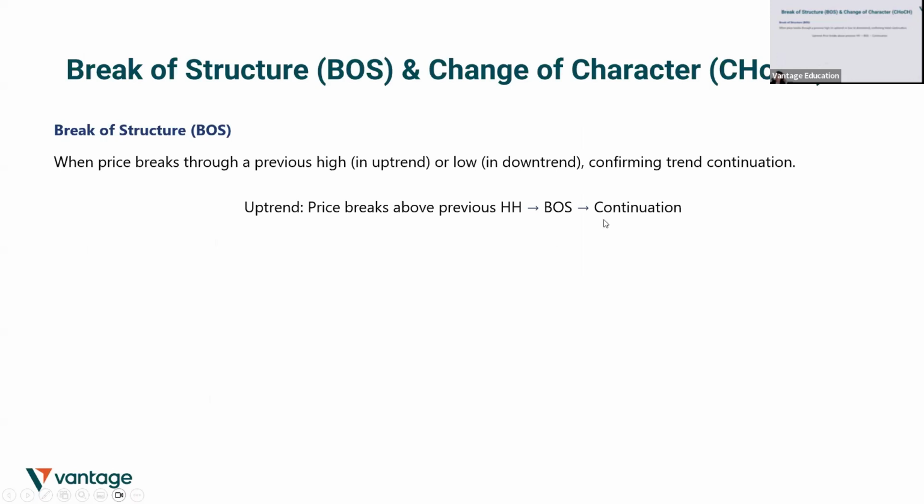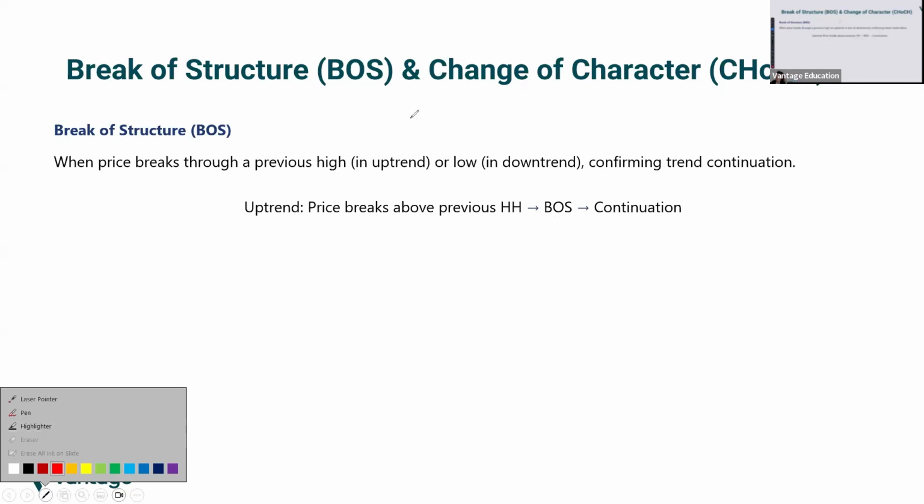Break of structure and change of character. Break of structure, short form BOS, is when price breaks a previous high in an uptrend or low in a downtrend, confirming trend continuation. For the uptrend, price breaks above the previous higher high; break of structure equals continuation. How it looks is right here.